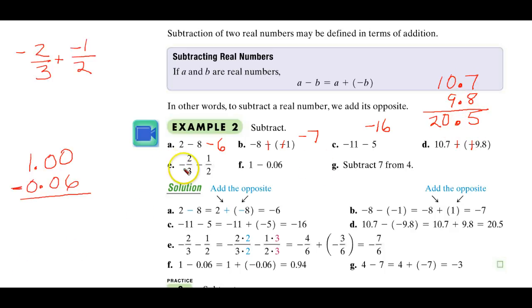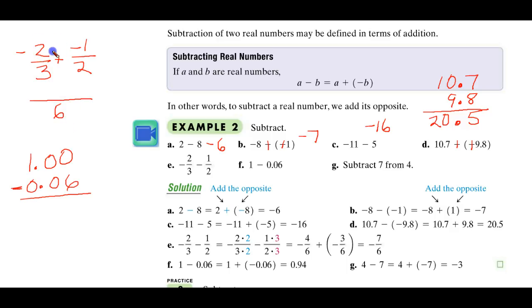In example E, we have fractions that I've changed to an addition form. And again, our common denominator will be a 6. The form of 1 that will multiply each fraction to end up with a common denominator of 6.